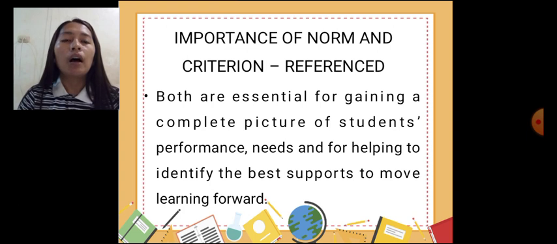So both are important because they provide useful information, and they are both applied to student performance.